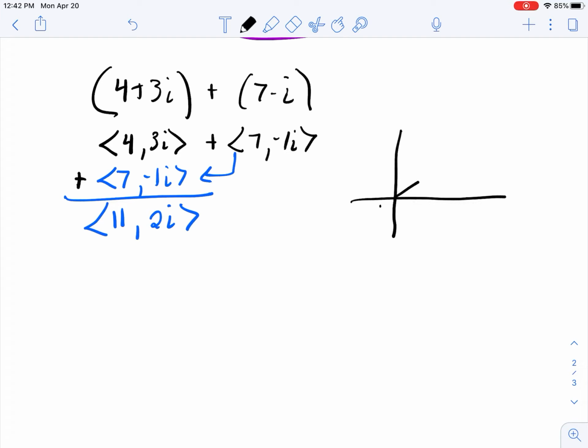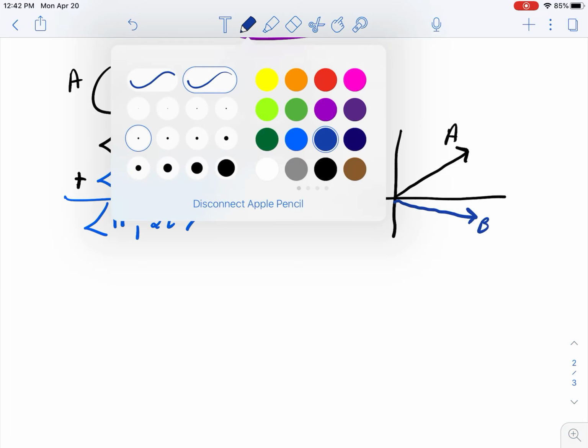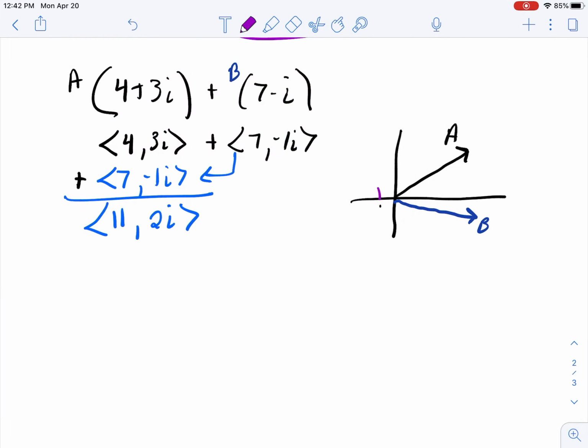Okay. If you want to explain what we're doing there, basically you have one vector here. So here's back to the drawing. Here is vector A, and let's say this was B. So when you add complex numbers, it's like you're pulling a sled.